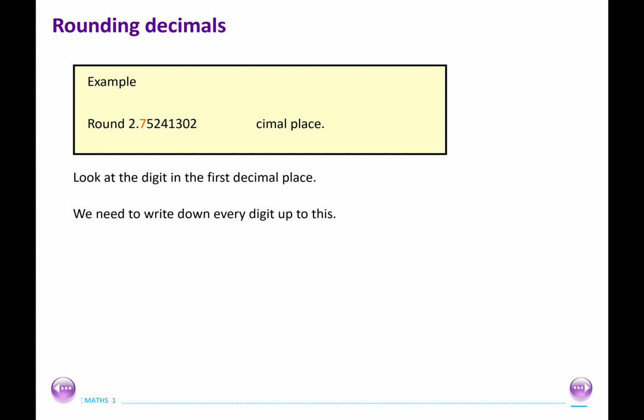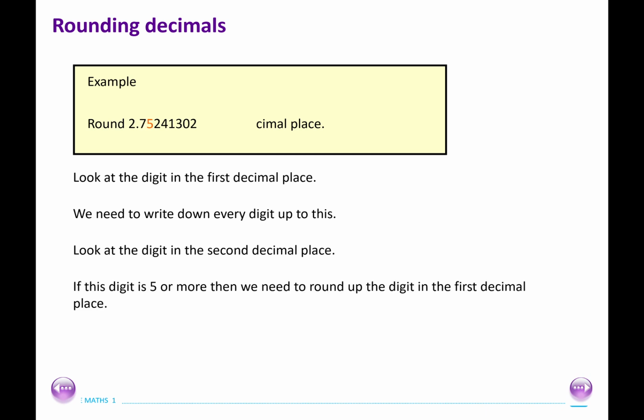We need to write everything down up to this. Then, look at the digit in the second decimal place. If this digit is 5 or more, then we need to round up the digit in the first decimal place. Therefore, our answer is 2.8.